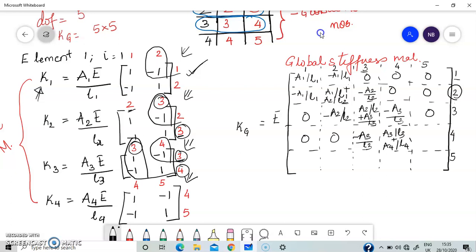And 4 5 is minus A4 upon L4. 5 1 is 0, 5 2 is 0, 5 3 is 0, 5 4 is this, minus A4 upon L4, and 5 5 is A4 upon L4.